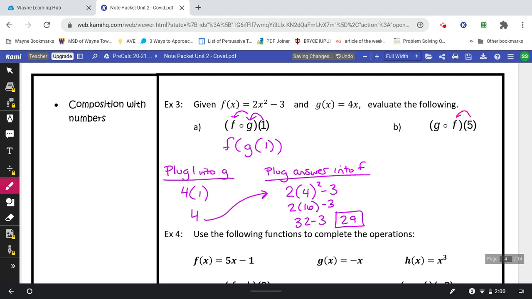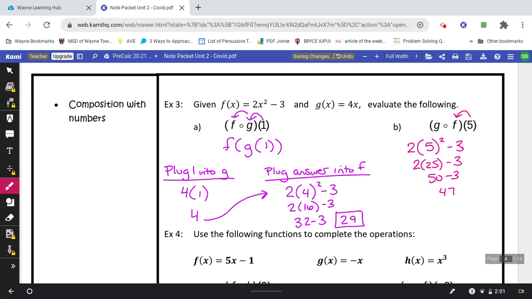I'm going to do 5 into f. Plug 5 into f. So 2, 5 squared minus 3. So that is the 5 being plugged into the f function. 5 squared, 25. That's 50 minus 3.